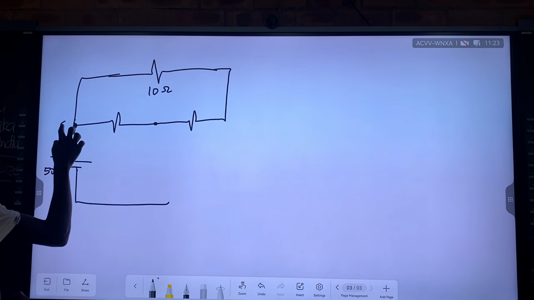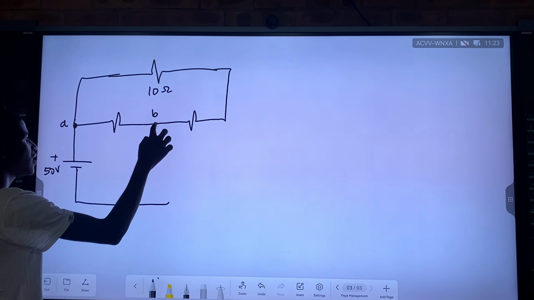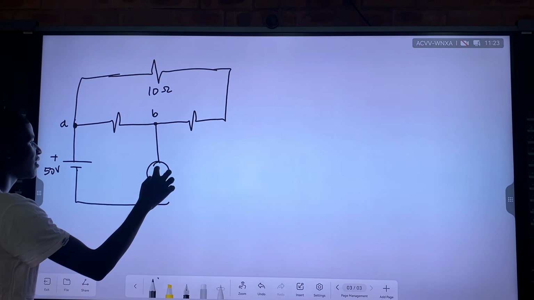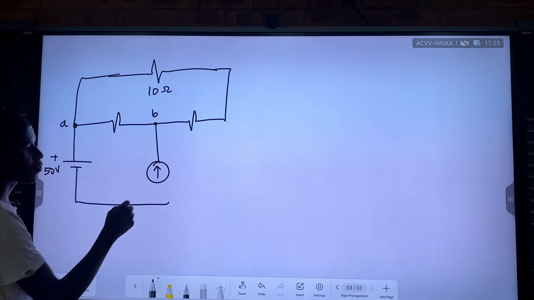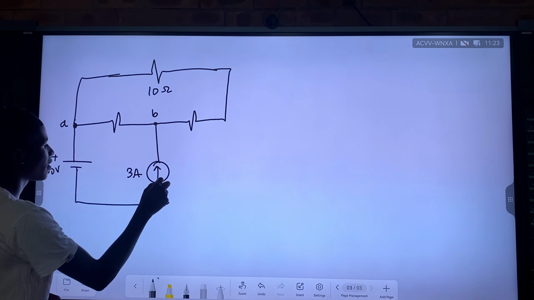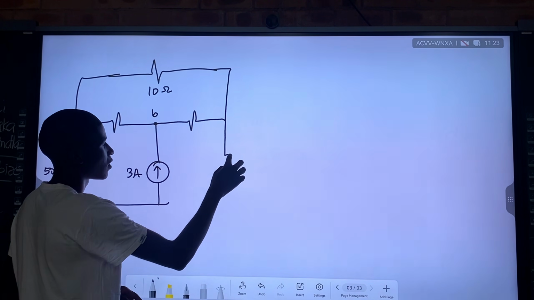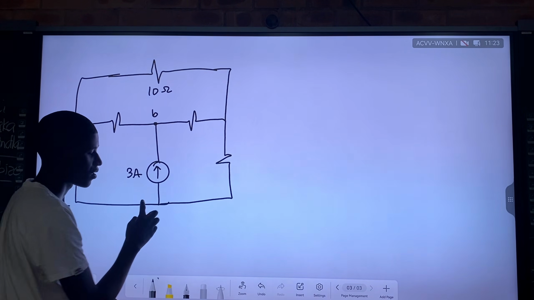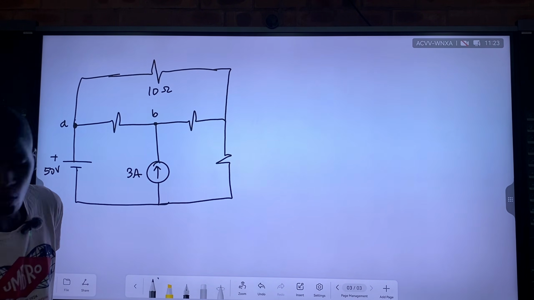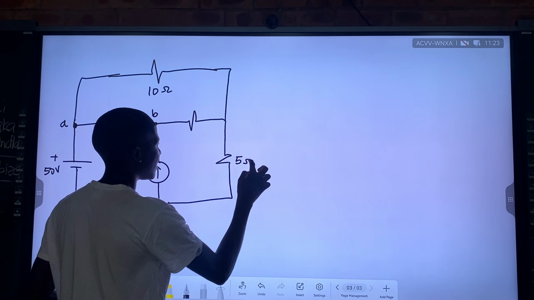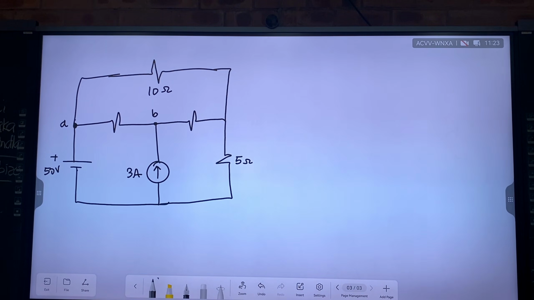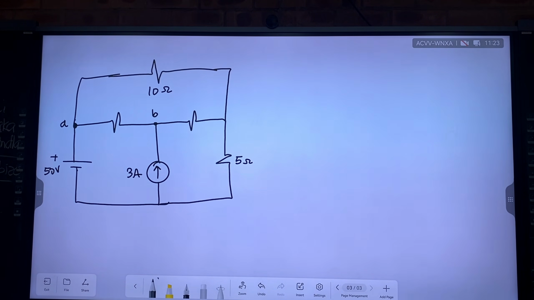Here there are nodes. Node A, node B, nodes, or you can say terminals. You have a current source producing 3 amperes up, and then you have got 5 ohms resistance la. So you've got 5 ohms, and that's your resistance.